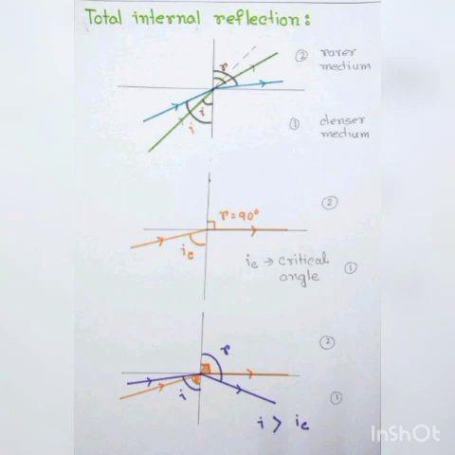That's why this is known as total internal reflection. So this is a particular situation of refraction of light, which is known as total internal reflection. Now refraction of light through diamond and mirages in vases are good examples of total internal reflection of light.